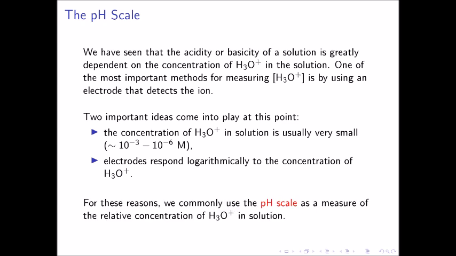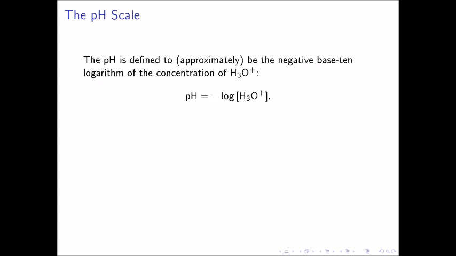It is for these reasons that we commonly use the pH scale as a measure of the relative concentration of hydronium ion in solution. The pH is defined to approximately be the negative base 10 logarithm of the concentration of hydronium ion. This is the same approximation we use when writing a Kc expression. By definition, pH is equal to negative log of hydronium ion concentration.